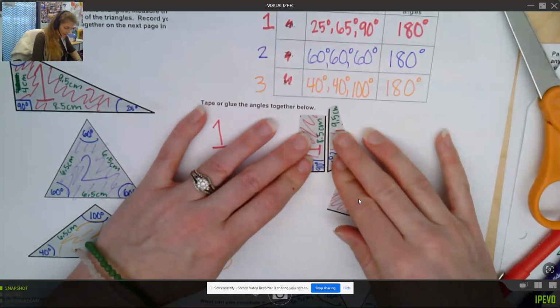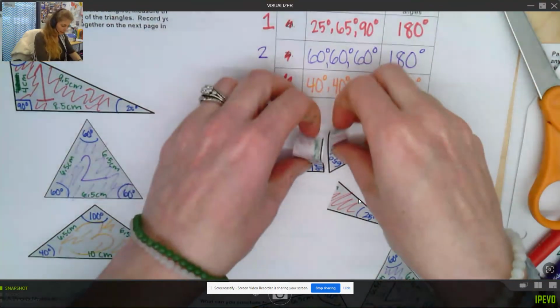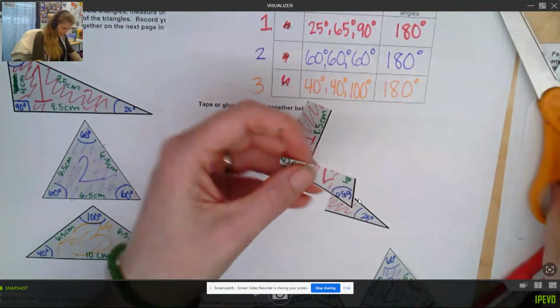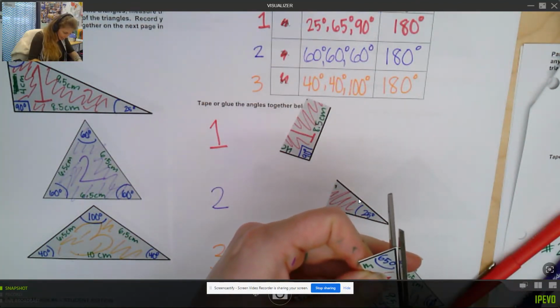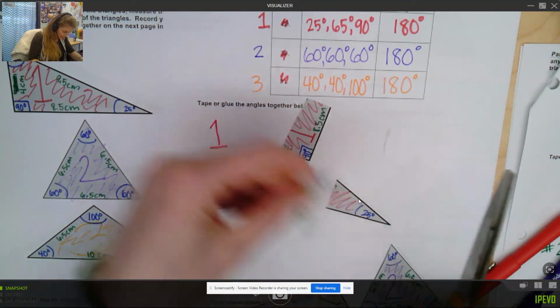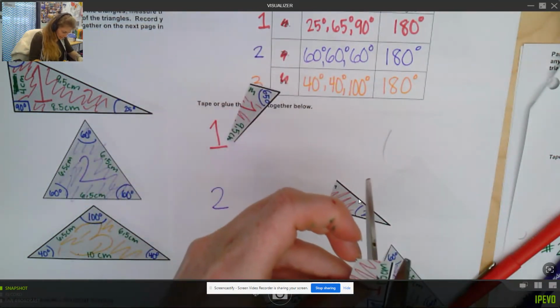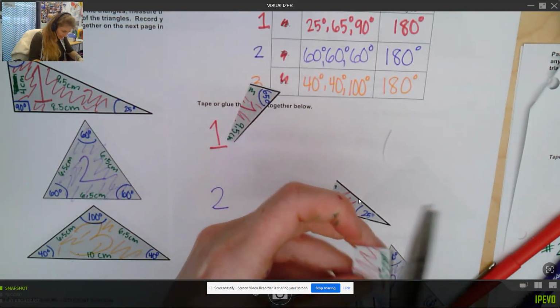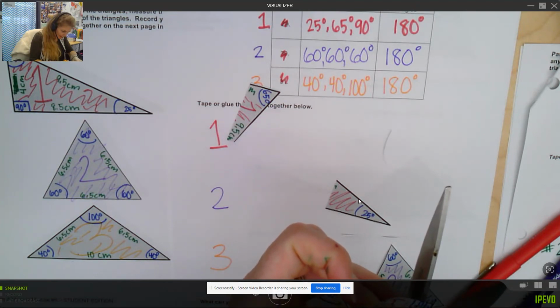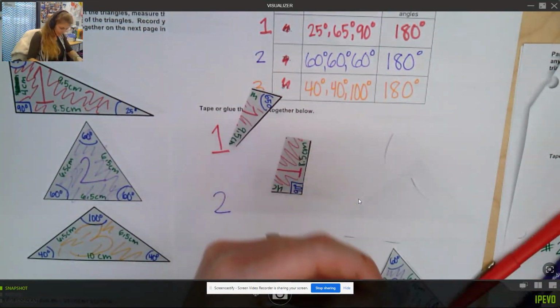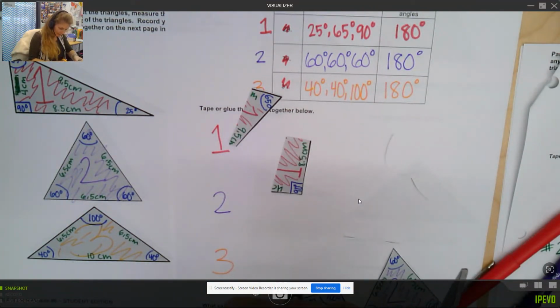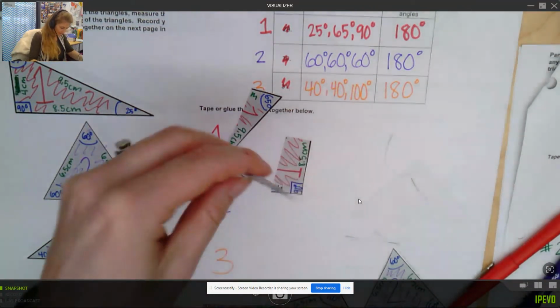You can see I left a lot of extra white when I was cutting mine out. So I probably want to go back and cut so I don't have any overlap and I can fit these angles in snug as a bug, so that we can really prove it to the world.